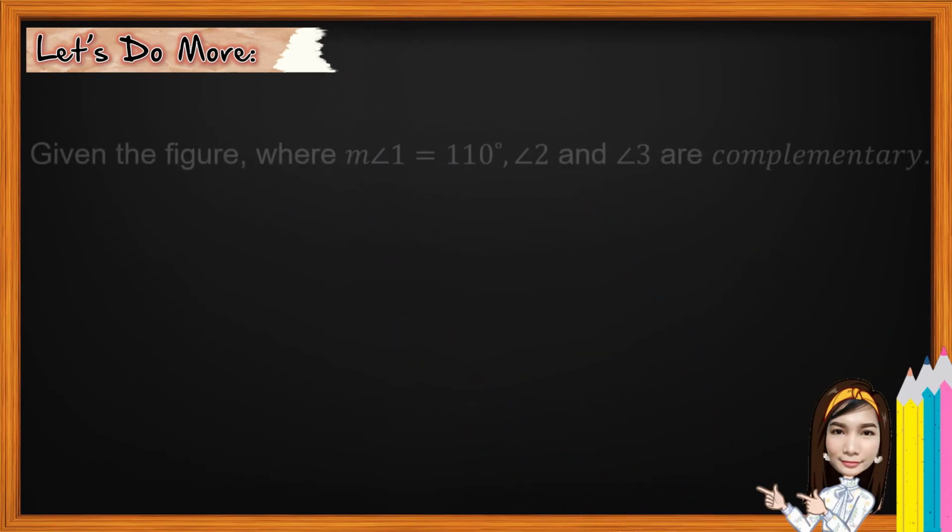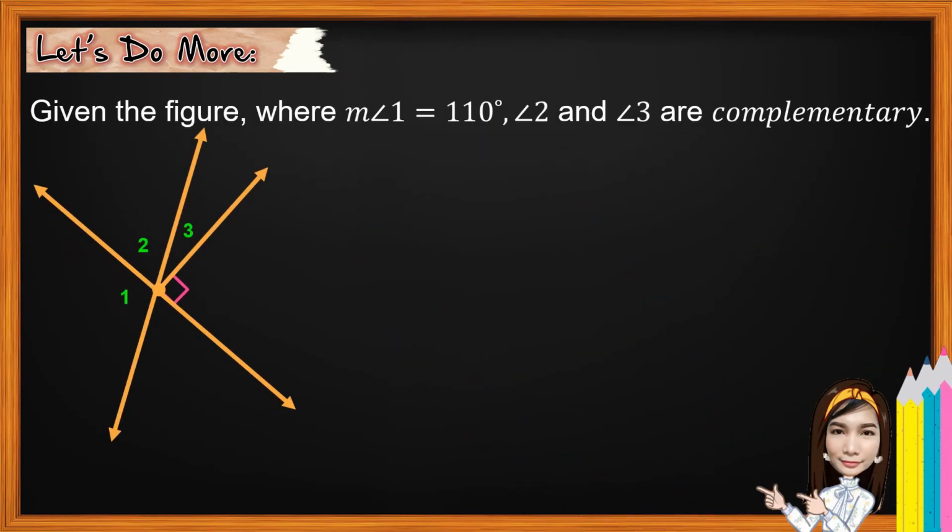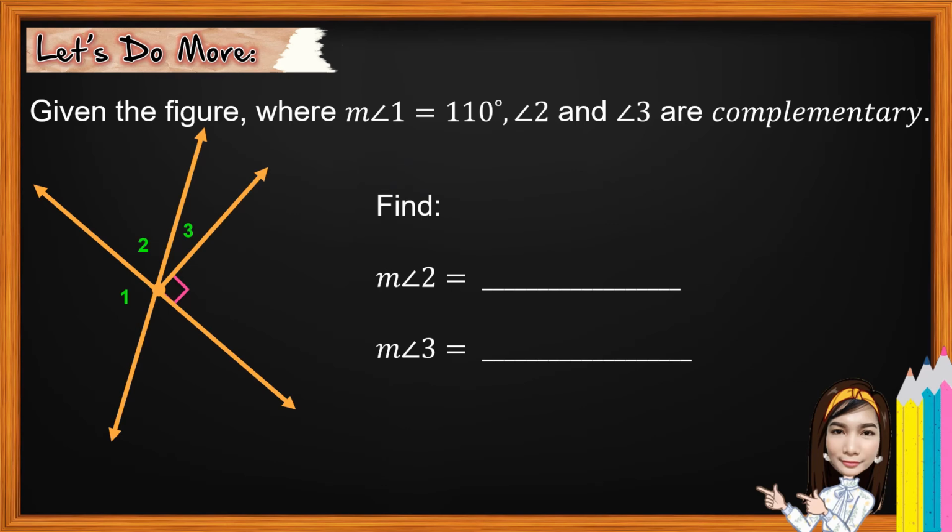Let's do more. Given the figure where the measure of angle 1 is equal to 110 degrees, angle 2 and angle 3 are complementary. So we are going to find the measure of angle 2 and the measure of angle 3. The measure of angle 2 is 70 degrees, because angle 1 and angle 2 are a linear pair. So therefore, they are supplementary.